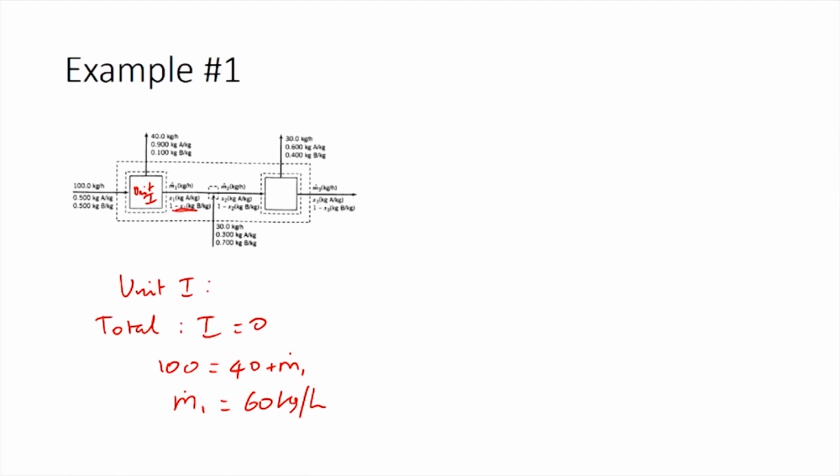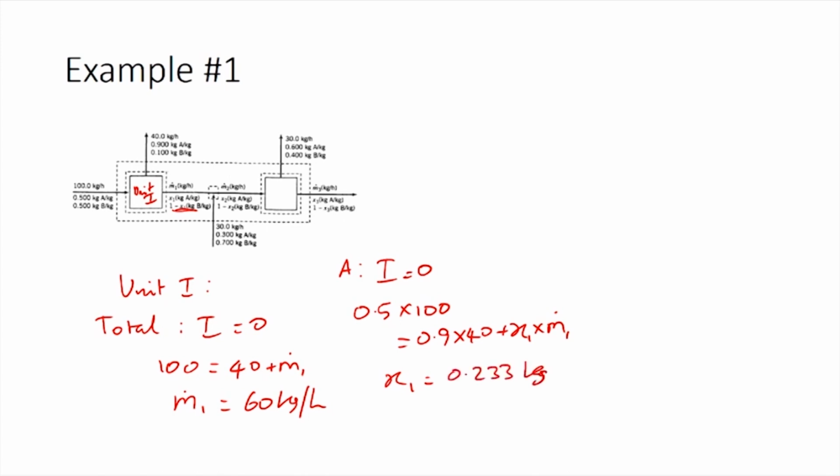Again, by writing a component balance for A across unit 1, we can write it as input equals output, which is 0.5 times 100 equals 0.9 times 40 plus x1 times M1 dot. As we already know M1 dot, we can calculate x1 as 0.233 kilograms of A per kilogram.